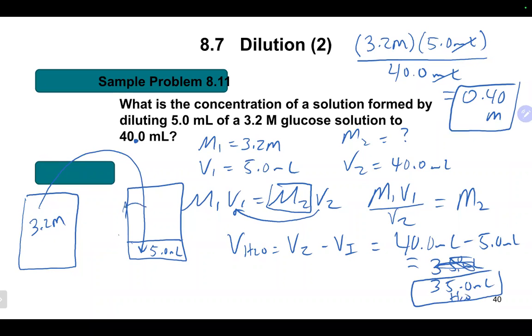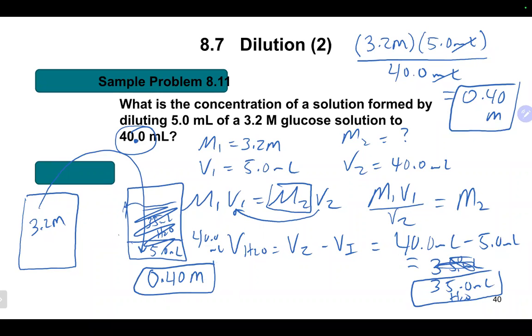So I would fill the rest up here with 35 milliliters of water. That gives me a grand total of 40 milliliters, which is what I want to make. Give it a nice mix. And if I do all that, I should now have 40 milliliters of a solution that has a molarity of 0.4 molar. Any questions on that there?